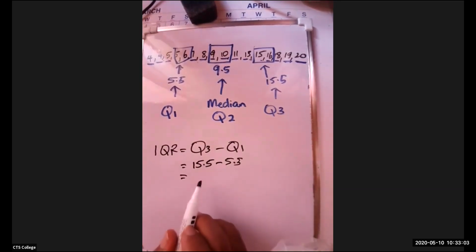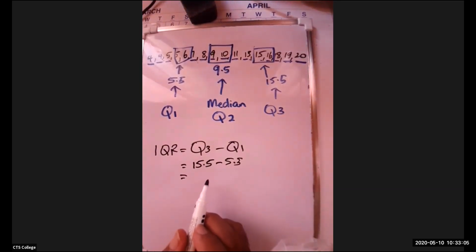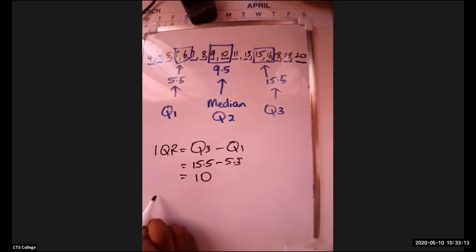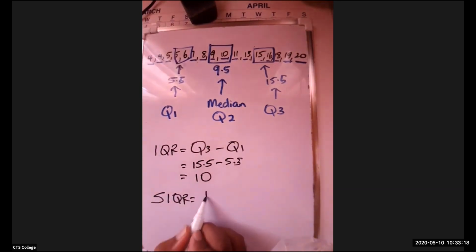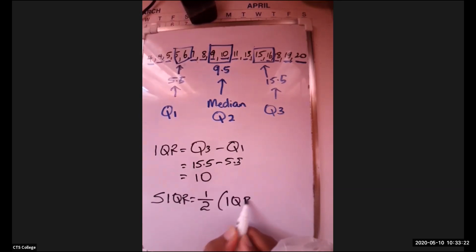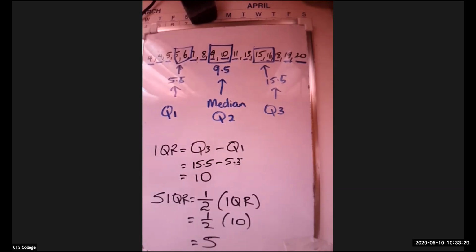What does that give us? 10. And if you want to find the semi-interquartile range, remember it's found by finding half of the interquartile range. So it's half of 10, which is 5. Any questions there?